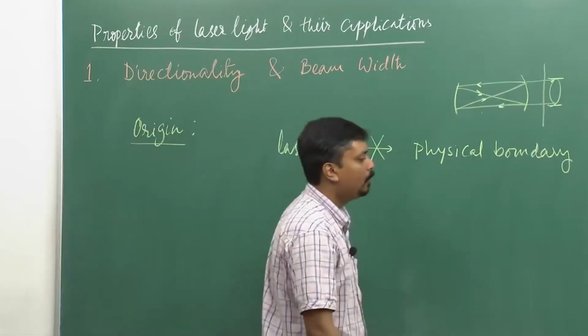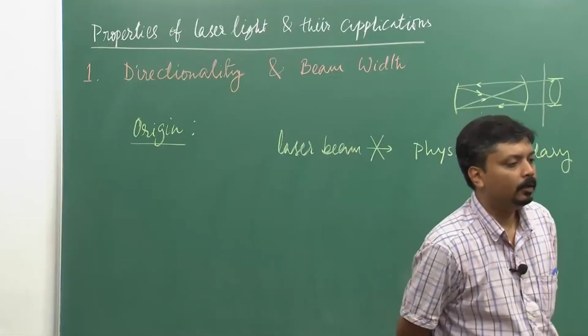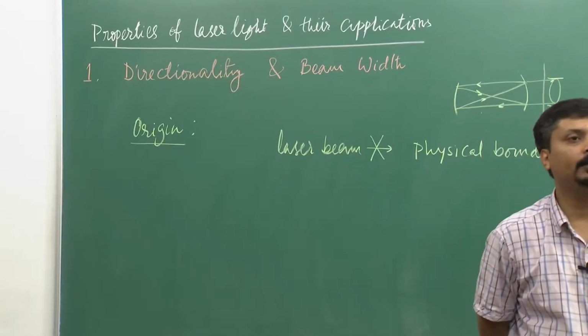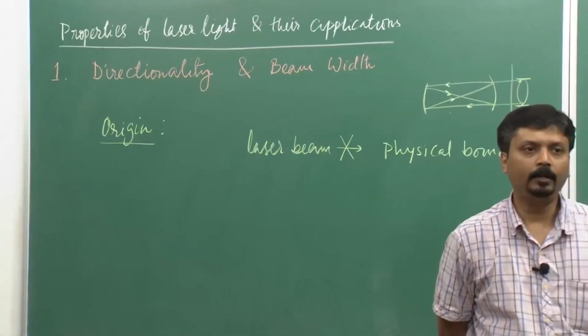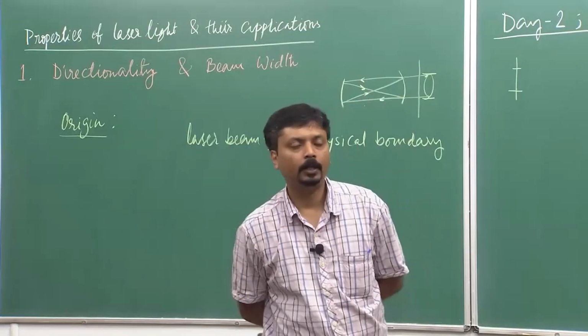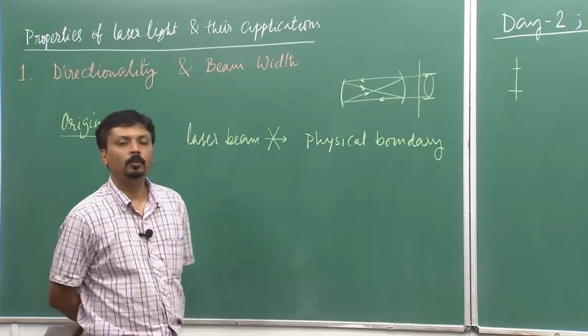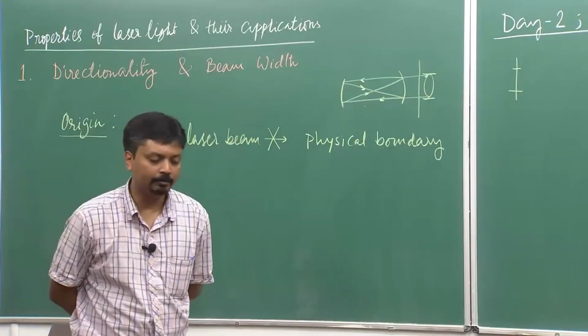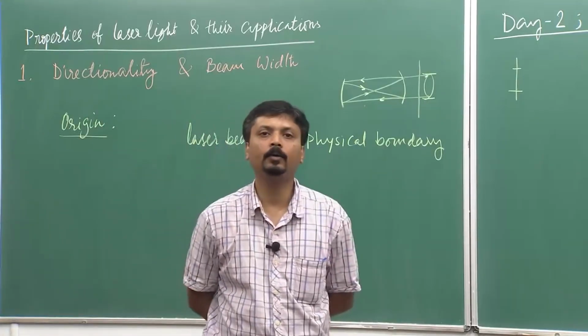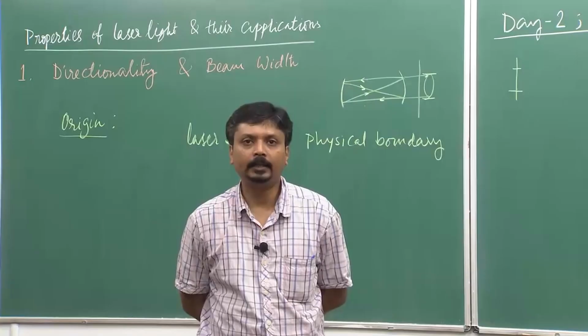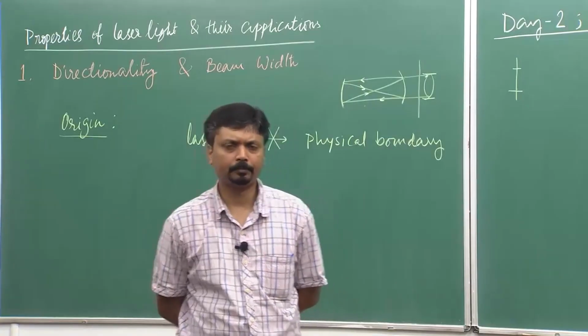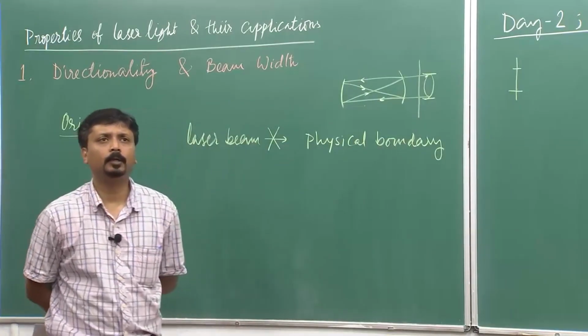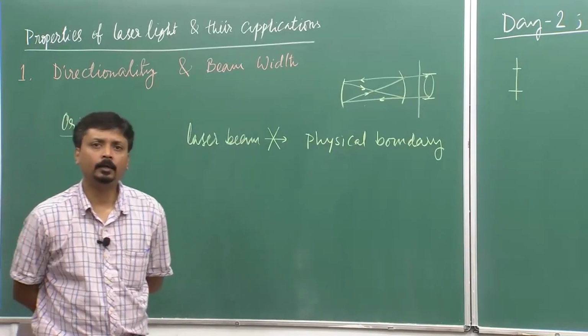In a metal beam we always define the beam width. In this case also we have to define a beam width, which is a very important characteristic of a laser light, because it gives rise to certain other properties.